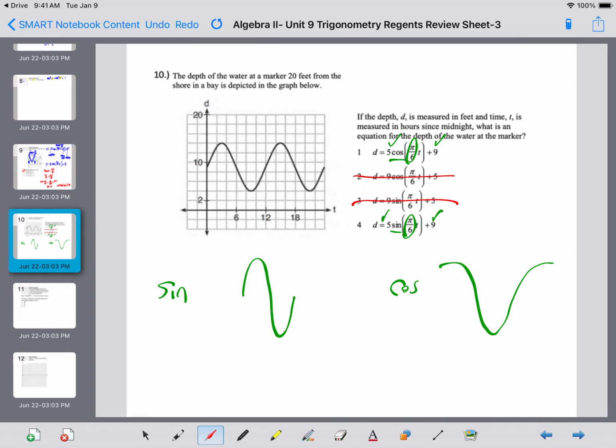If we were to make it negative, if we were to flip it, it would look like this, still starting at the midline. And for cosine, it would be starting from the minimum. So this very clearly is a sine function because it starts at the midline. So your answer would be 4.